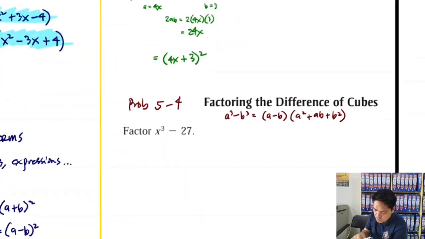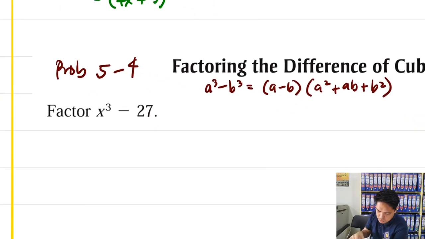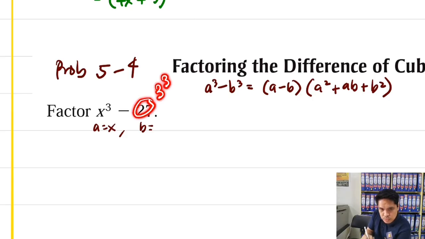Okay? So looking at the problem, it follows that a is equal to x. Okay, sulat na lang natin dito. It means here that a is x and b is 27 is actually 3 cubed. So b, if this is b cubed, this is 3. Because this is in the form a cubed minus b cubed. So a is x, b is 3. Okay?